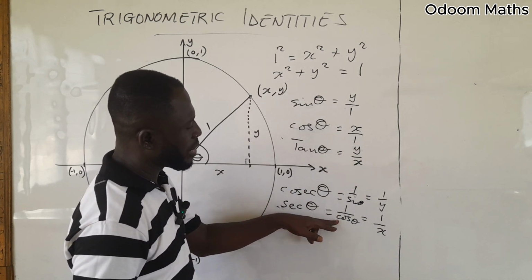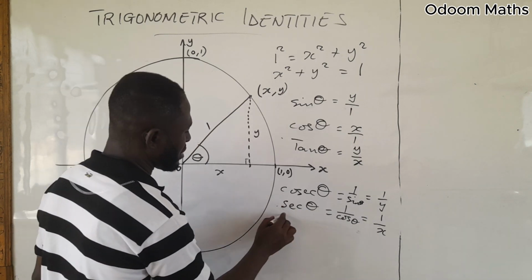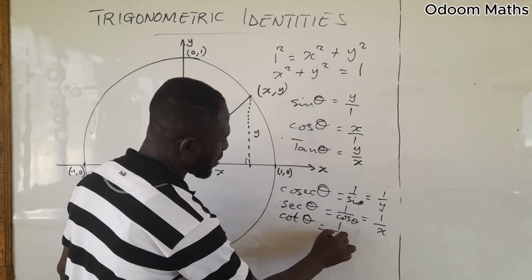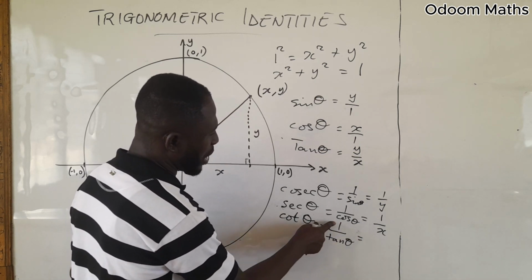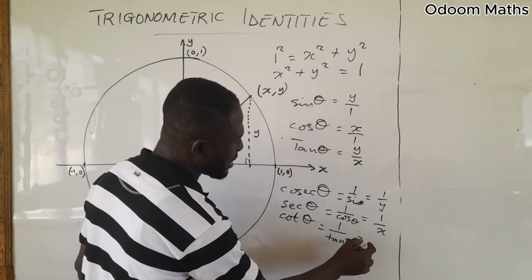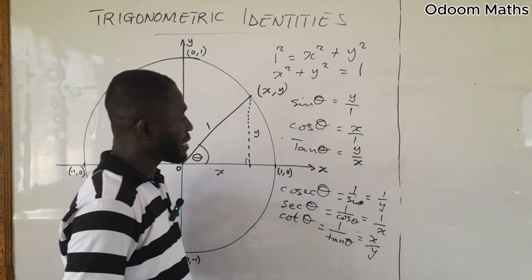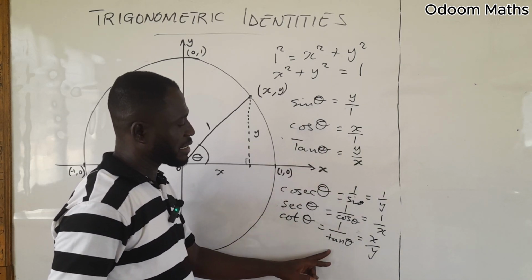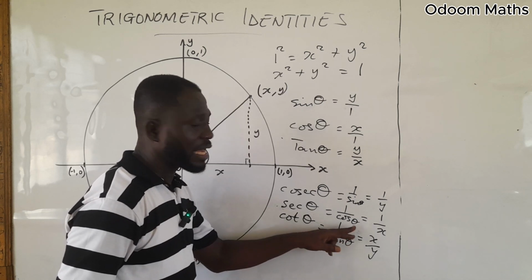So 1 over x over 1 is the same as 1 over x. Then the last one is cot theta, which is 1 over tan theta. That is 1 over y over x, which is the same as x over y. Here, 1 is divided by y over x, which is going to be x over y.